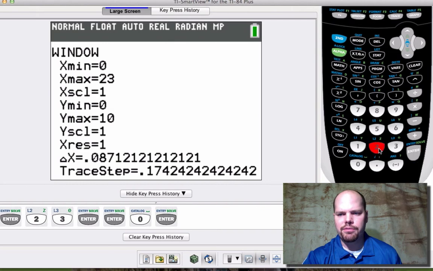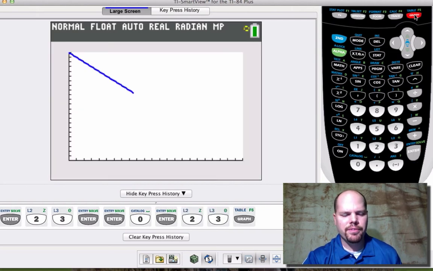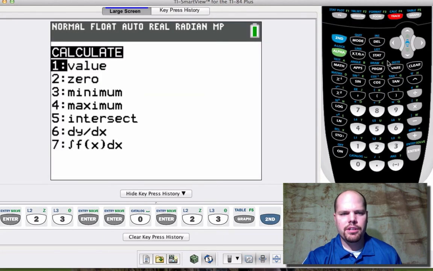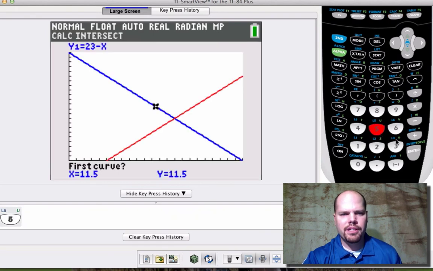That should get everything, and press graph, and there's our first equation and there's our second equation, and we were looking for the solution where they are both the same, where they have the same x and y values on either one, and we need to go to intersect. So second trace, option 5, first curve is y1, that's question mark.